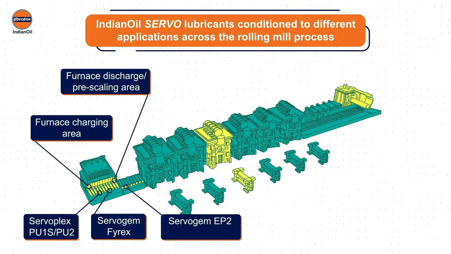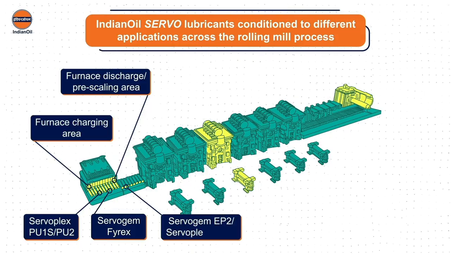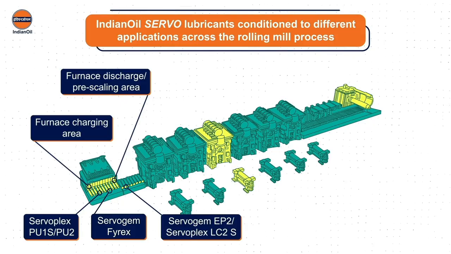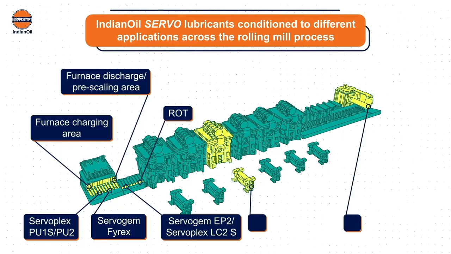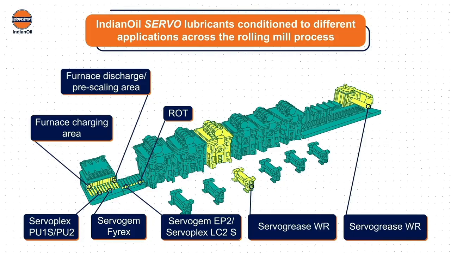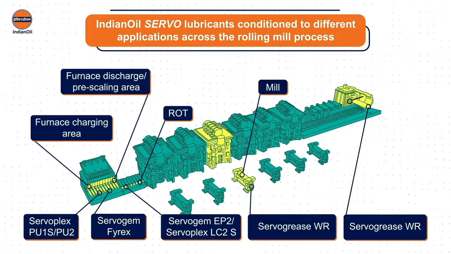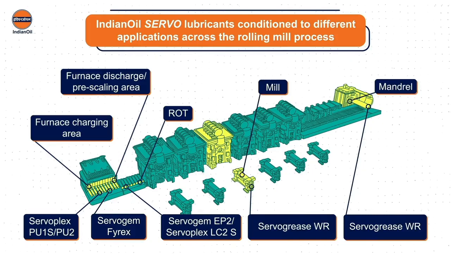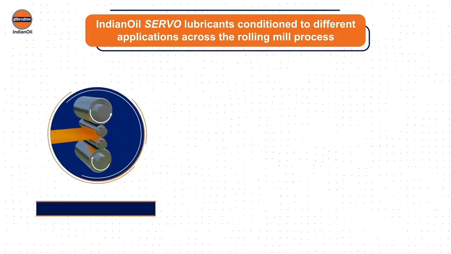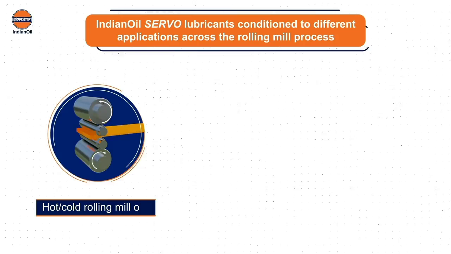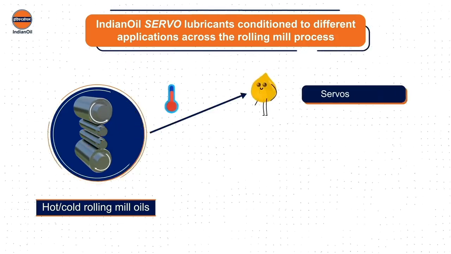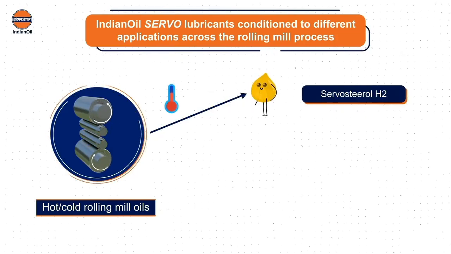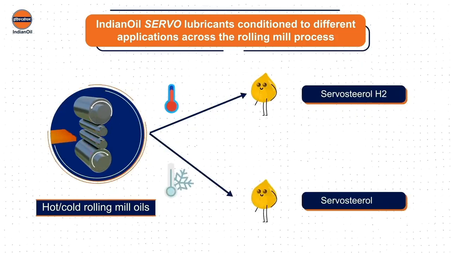Servogem EP2 or Servoplex LC2S is used in the ROT, and Servogrease WR is used in the mill and mandrel regions. And for hot or cold rolling mill oils, the lubricants are Servosterol H2, Servosterol H5.